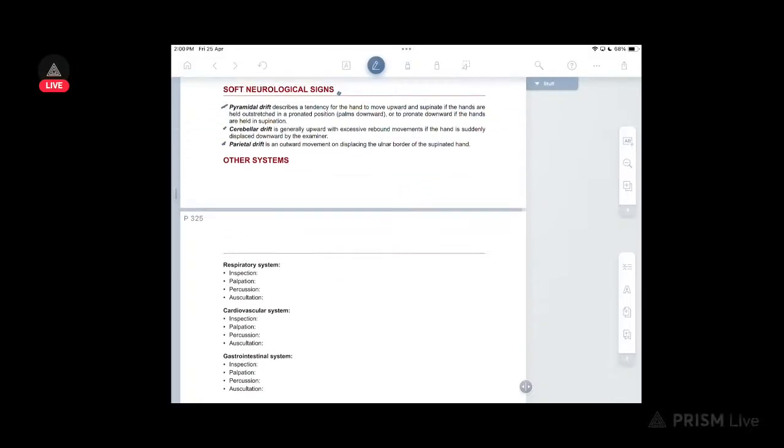Pyramidal drift is the hand moving upward and supinating if the hands are held outstretched in a pronated position, or pronating downward if the hands are held in supination. Cerebellar drift is upward with excessive rebound movements if the hand is suddenly displaced downward by the examiner. So if it is pointing upward, it will point downward.